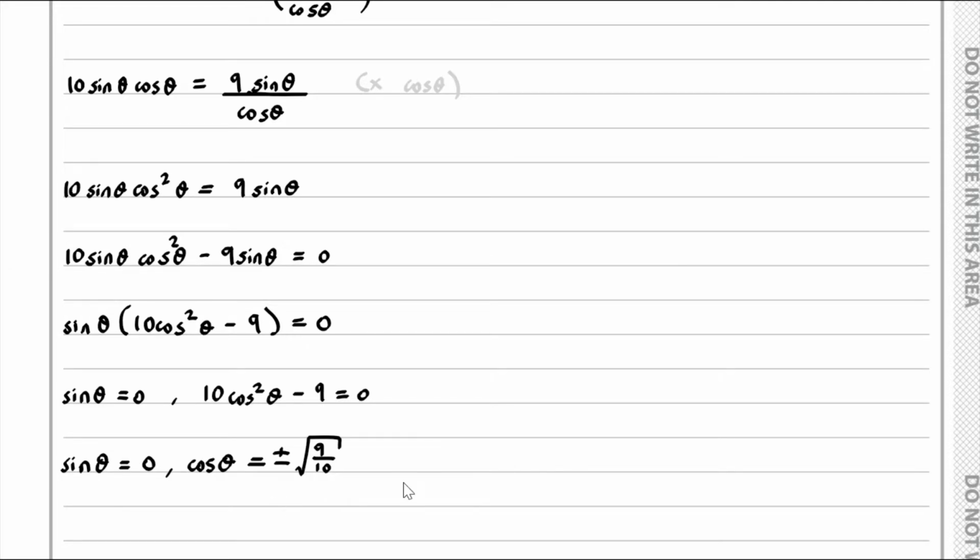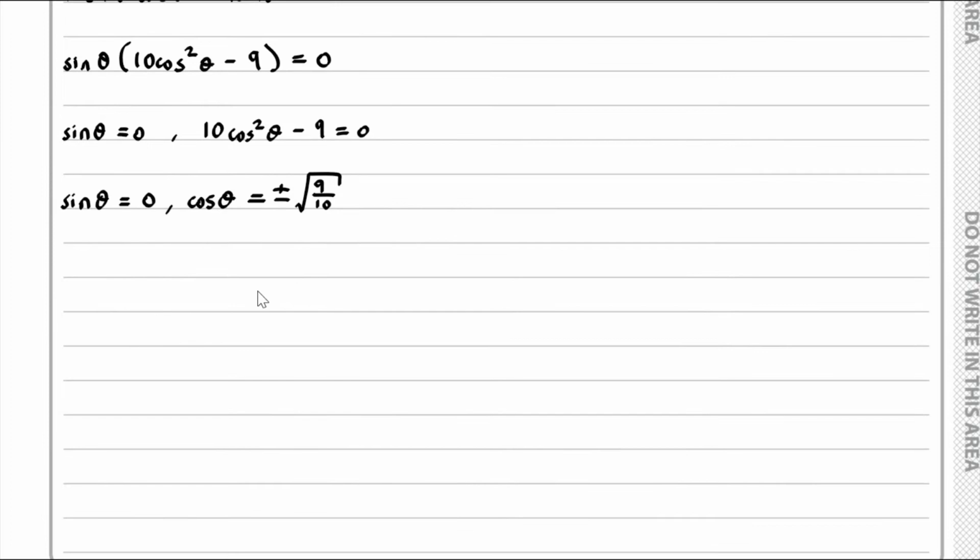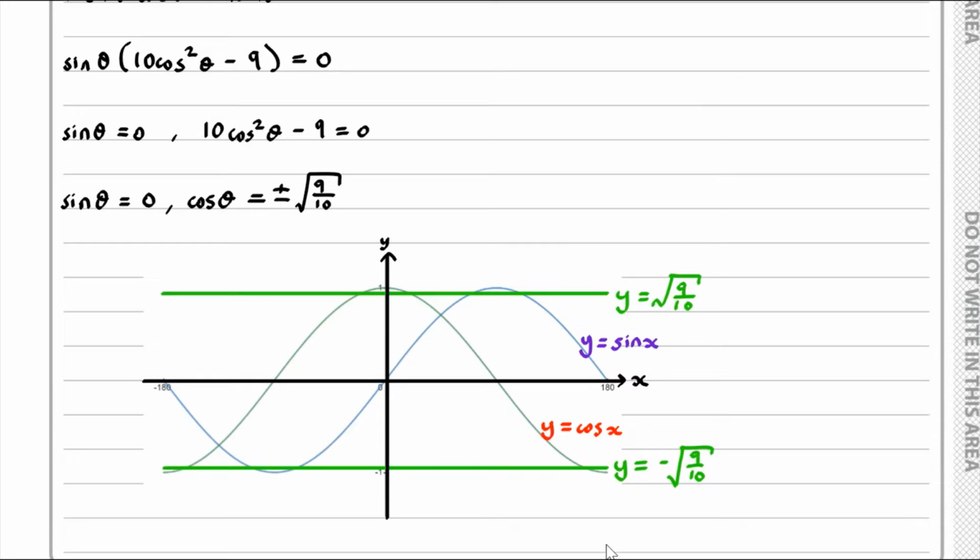Okay, and at this point, drawing a graph will help find the solutions. So let's do that. So having drawn the graphs, well, we've got in blue the graph of sine x, and in red we've got the graph of cos x.